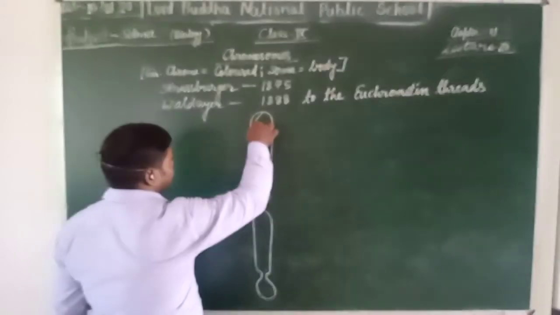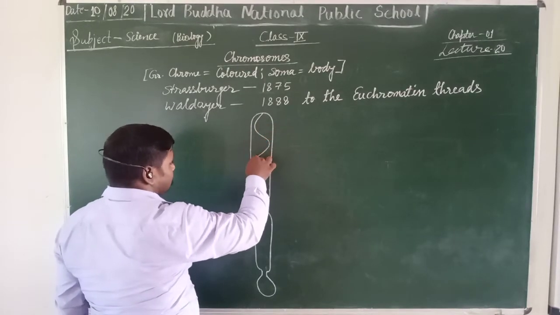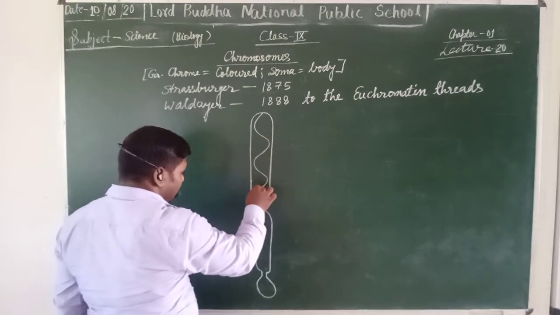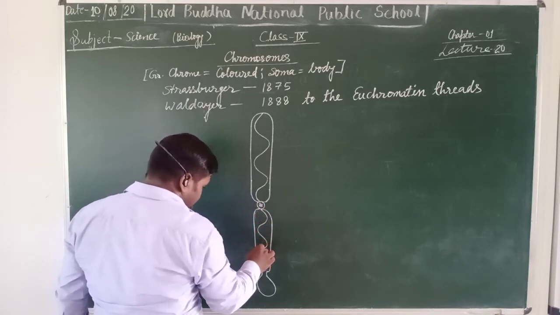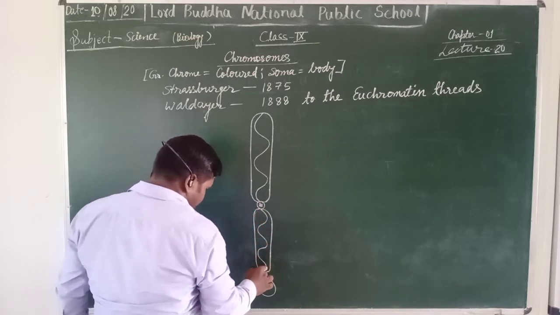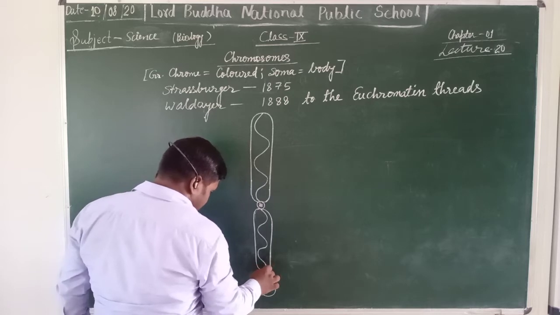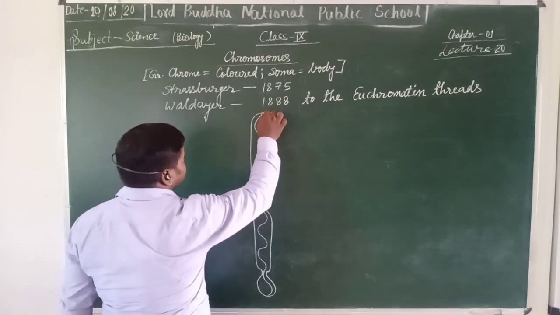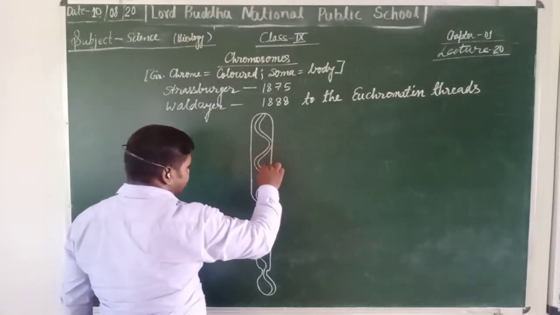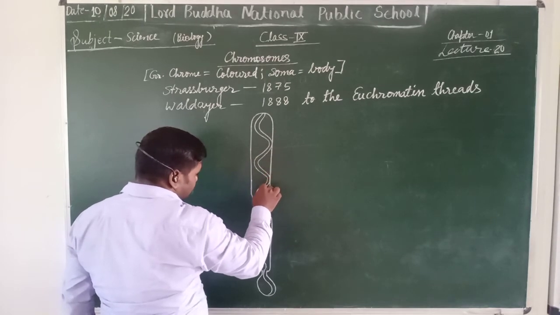After that, here I am going to represent the internal structures of the chromosome. These are the strands of the chromosome.